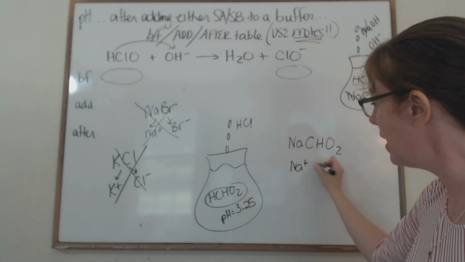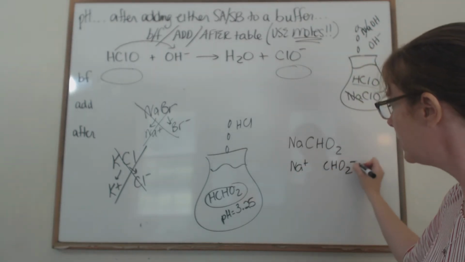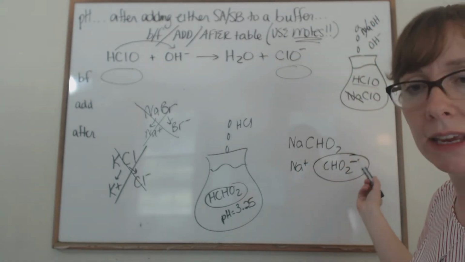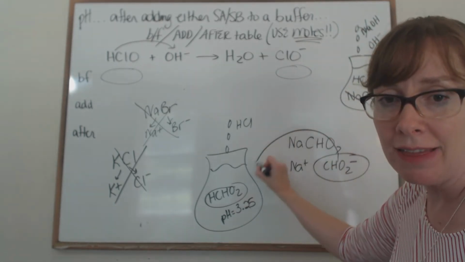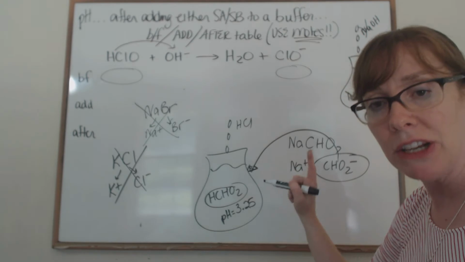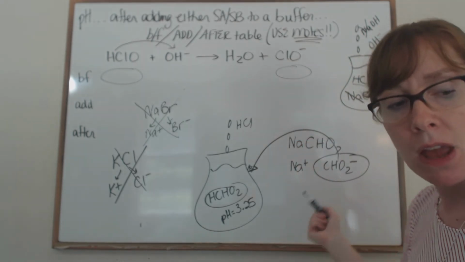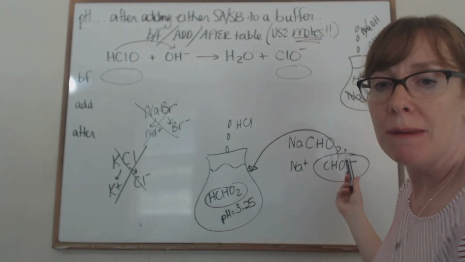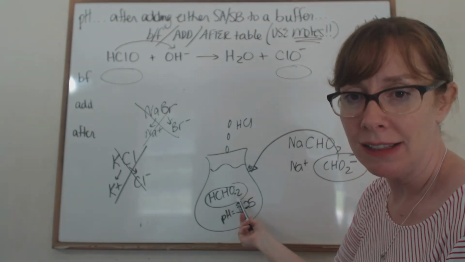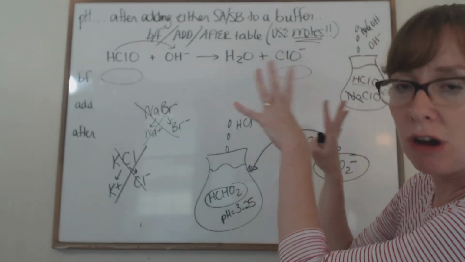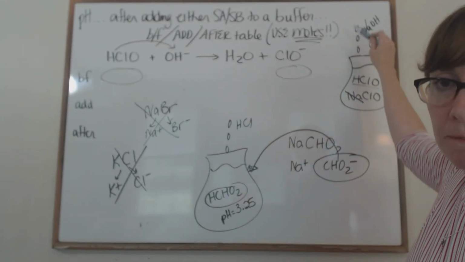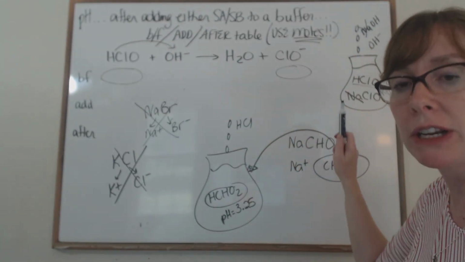It's the Na plus and CHO2 minus. This here is the conjugate base of that acid. And if you put that in there, it's going to raise your pH because it's a base. The conjugate bases of the weak acids are going to be bases, and they're just weak bases. They're not like the strong base club, but they're still bases, and they will raise your pH.